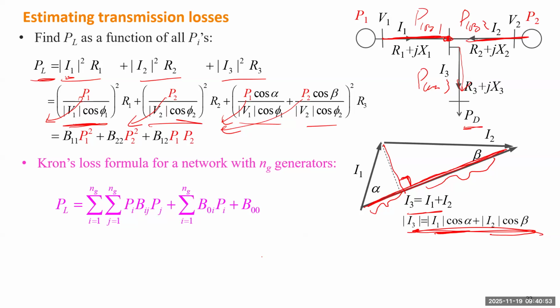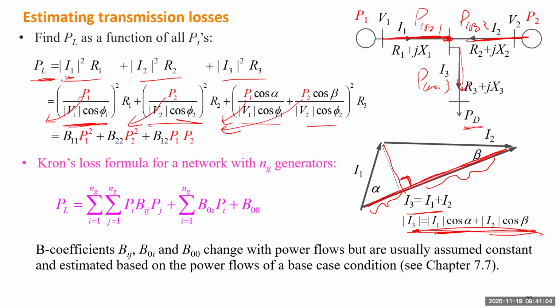We just assume the transmission loss will be this quadratic function, which is a generalization for a network of any number of generators. Those B coefficients can change with the power flow, but usually can be assumed to be constant or estimated based on some base condition. If your system doesn't change significantly from that base condition, this formula can still be used. There will be more details in chapter 7.7 if you're interested.